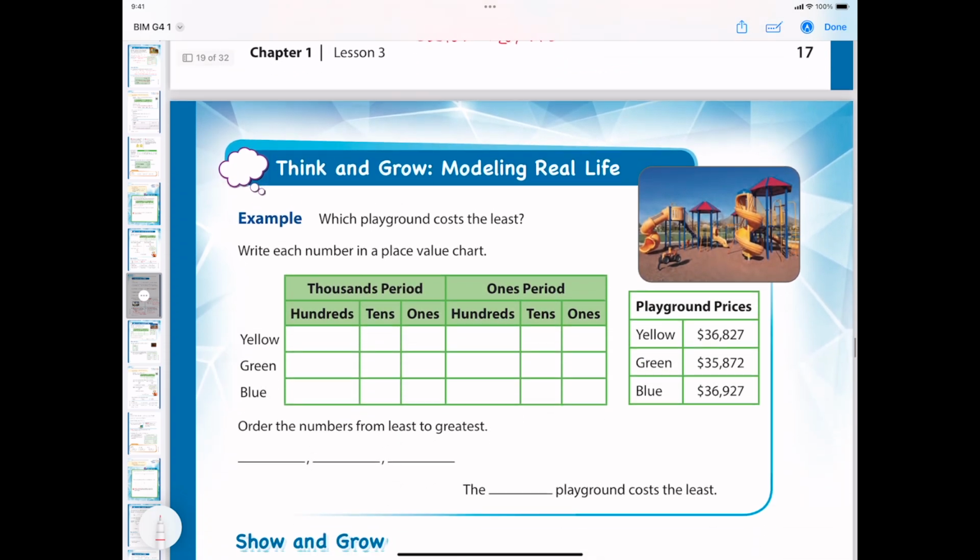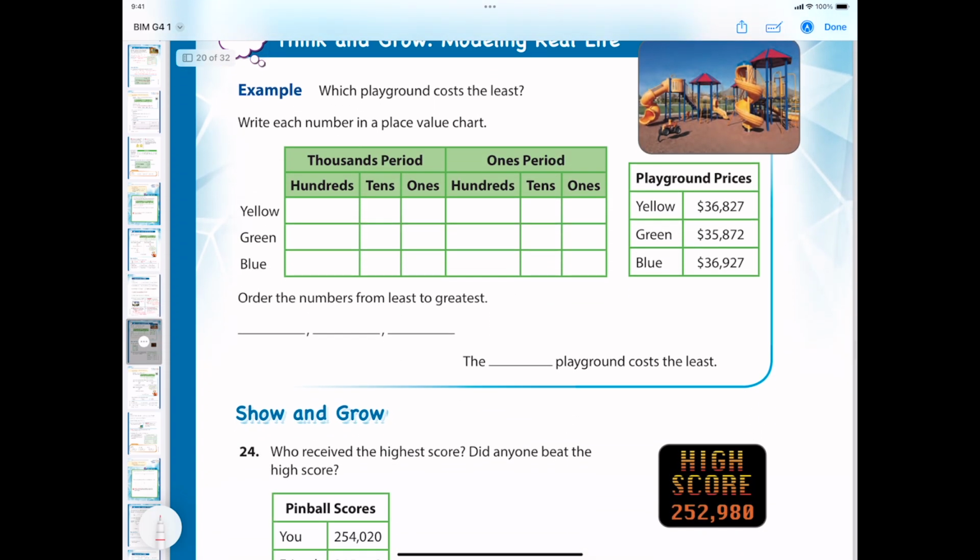Okay, let's move on. Next page. Which playground costs the least? Write each number in place value chart. All right. Now yellow, I'm going to write it down. The price of the yellow playground is what?